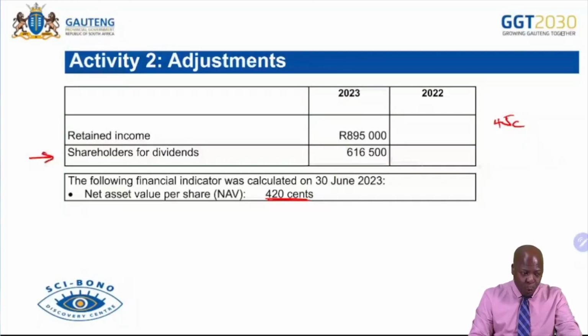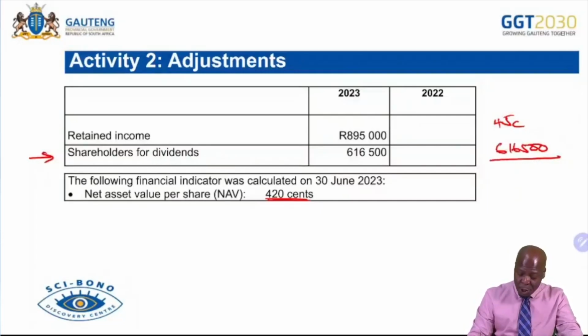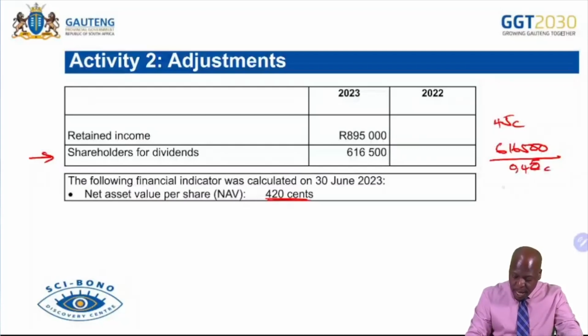So what one would do was to come and say, my 616,500, if I divide this by the final dividend per share of 45 cents. Remember, we had that 45 cents in the previous slide. That would give me the number of shares that were on hand to declare this final dividend, shareholders for dividends.